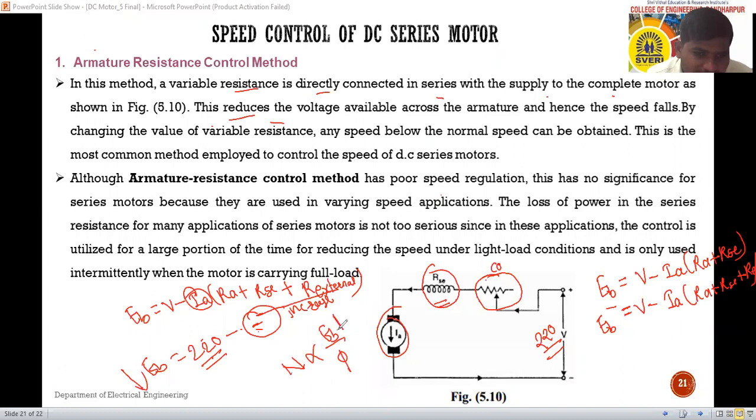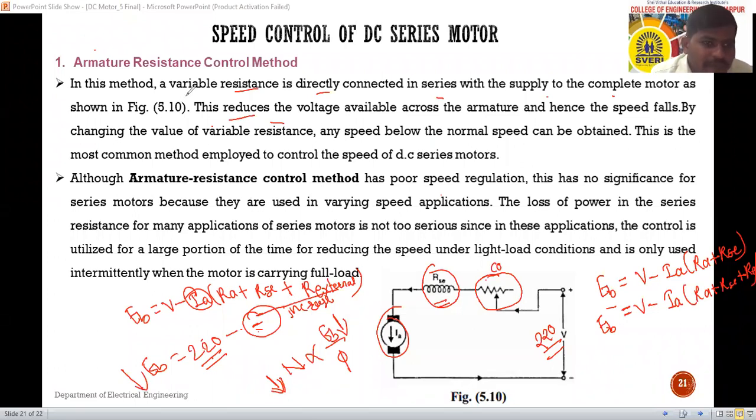So if the back EMF decreases, then the speed of the motor will decrease, and the speed can be obtained below normal speed or below rated speed.